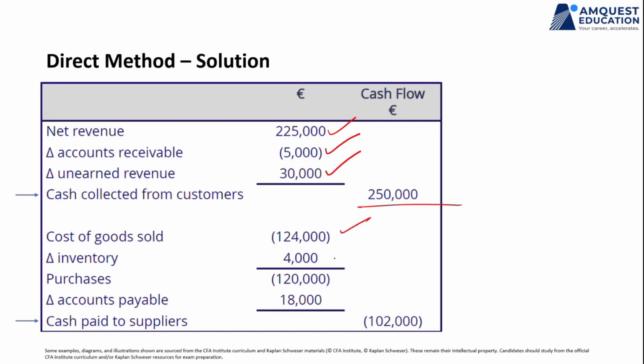Cost of goods sold plus inventory, purchases, account payable related changes, and cash paid to suppliers. So you will have to establish these linkages between the income statement and balance sheet.